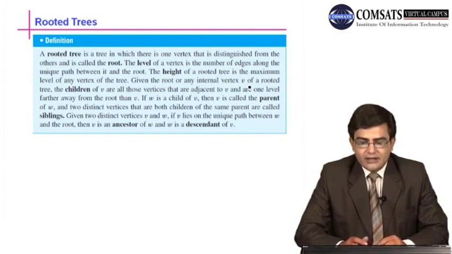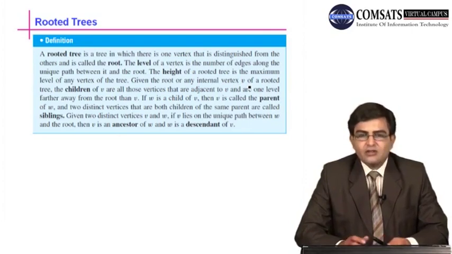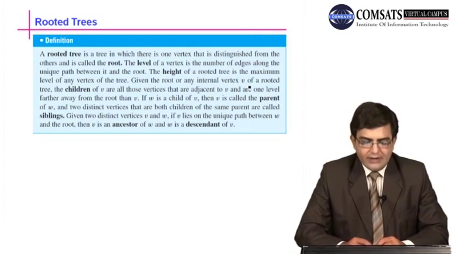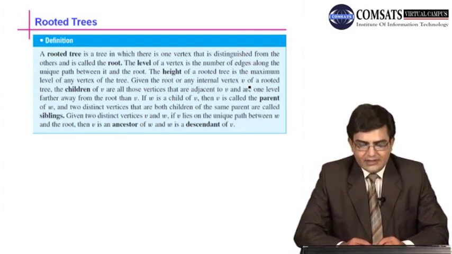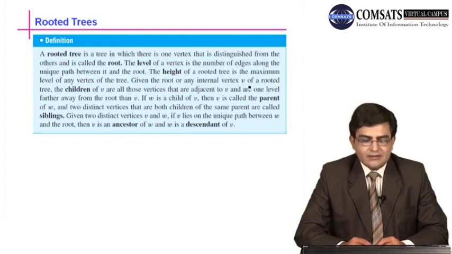Given the root or any internal vertex v of a rooted tree, the children of v are all those vertices that are adjacent to v and are one level further away from the root than v. If w is a child of v, then v is called the parent of w, and two distinct vertices that are both children of the same parent are called siblings.